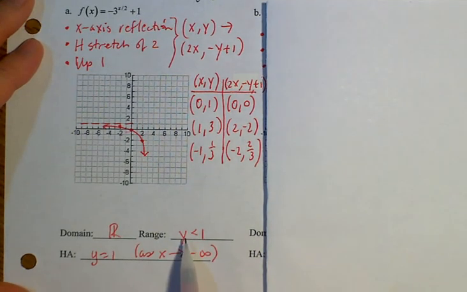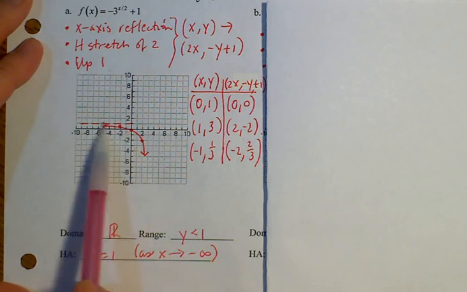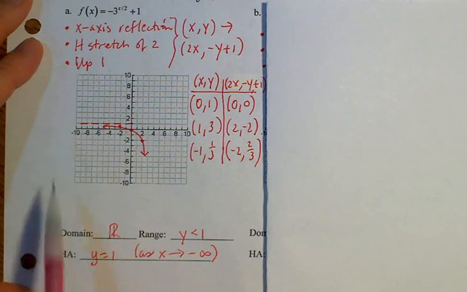It used to be y greater than 0 in the parent function, but since I have a vertical translation of up 1, it's going to be y and then a 1. And the x-axis reflection makes it less than instead of greater than. The range and the horizontal asymptote are closely related. It's y equals 1, as x goes out to negative infinity. I've drawn that in a dotted line.